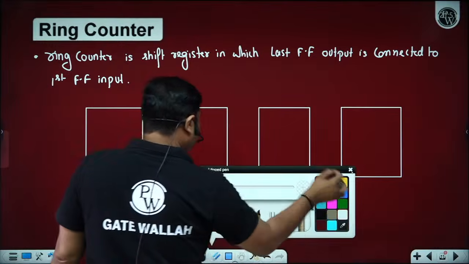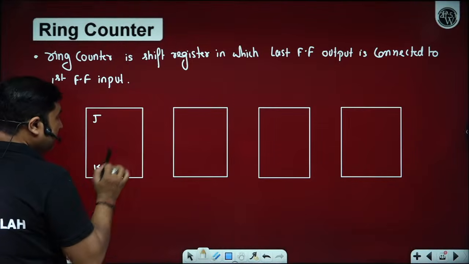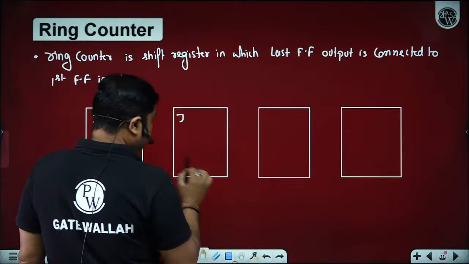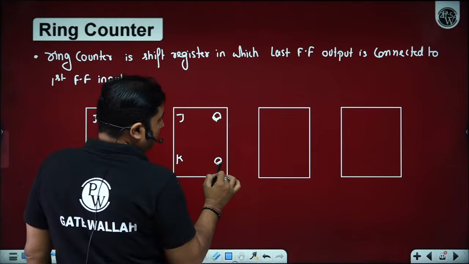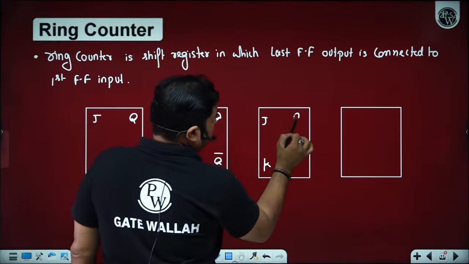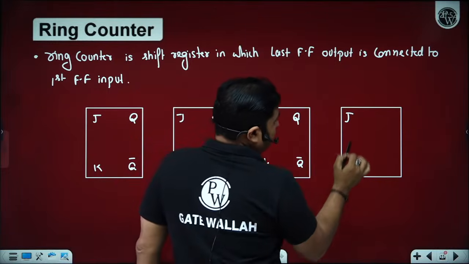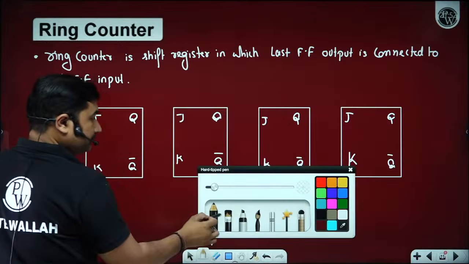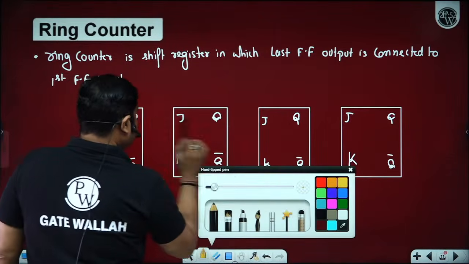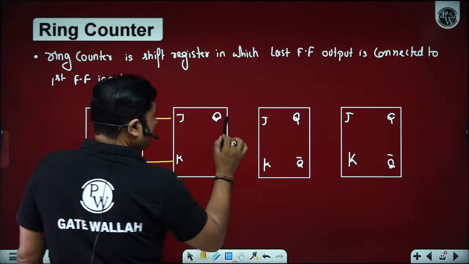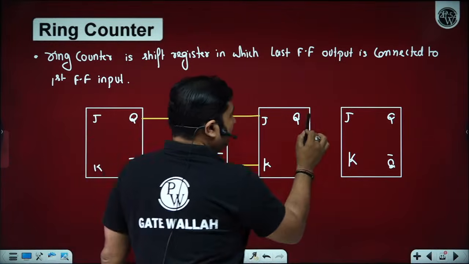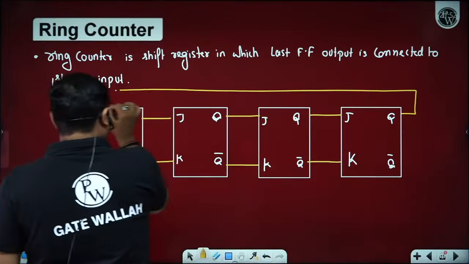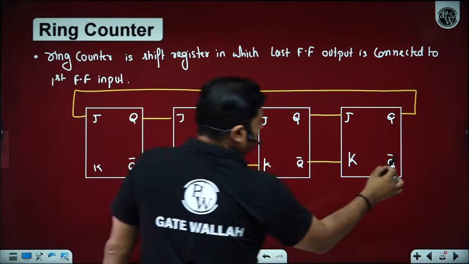Now please observe: JK, Q, Q bar, four times. In this, the outputs of one flip-flop are connected to the next flip-flop, and the last outputs are connected to the first.